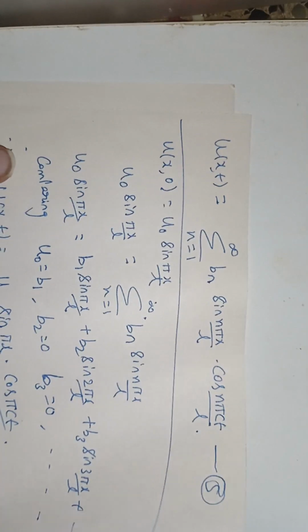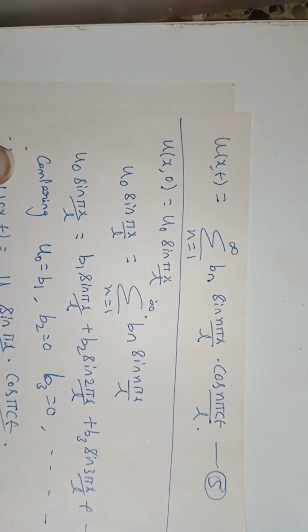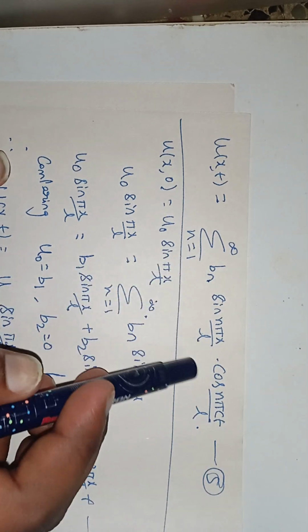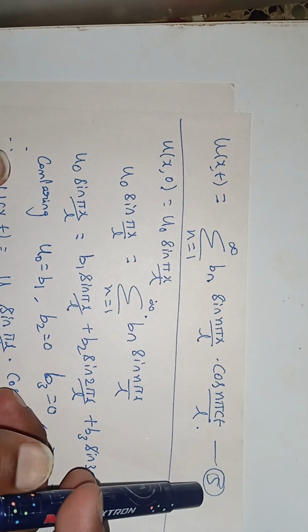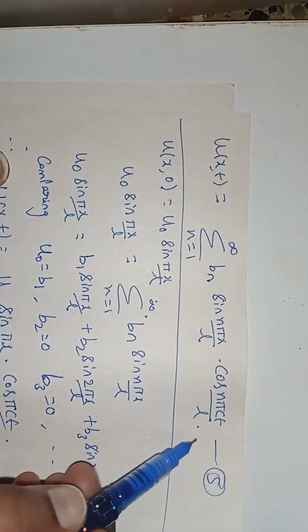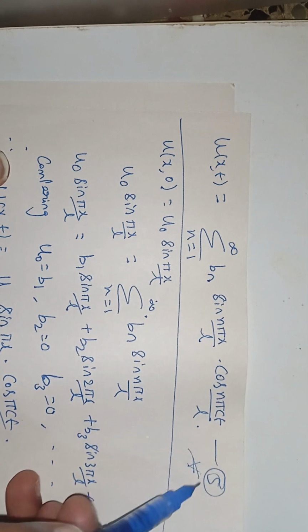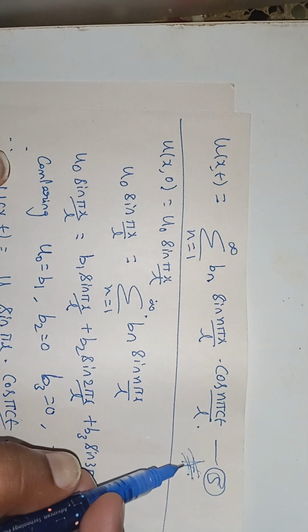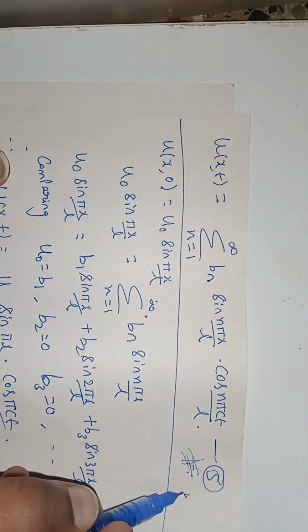So at last you end up with u(x, t) = Σ Bn sin(nπx/l) cos(nπct/l), where the summation over n is because we have to do it for different values, and BC is converted to Bn. So whatever problem is asked in applications related to the wave equation, you have to do up to here.